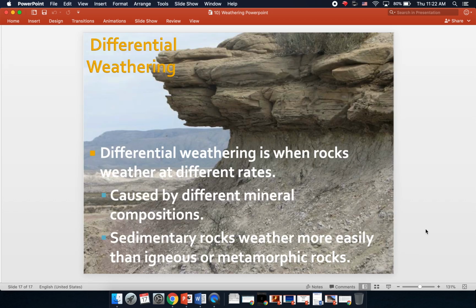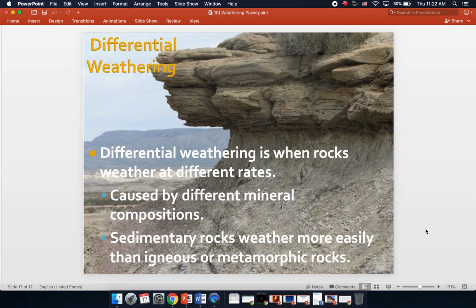All right, differential weathering is when rocks weather at different rates. Some rocks are hardier than others. They don't weather as easily. Some rocks are quite weak, and it's really easy for them to be weathered.